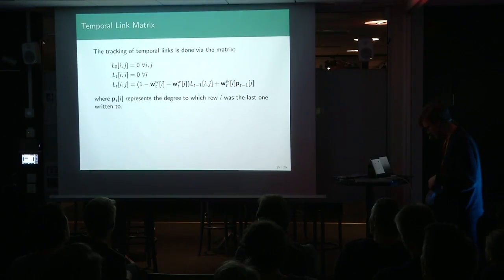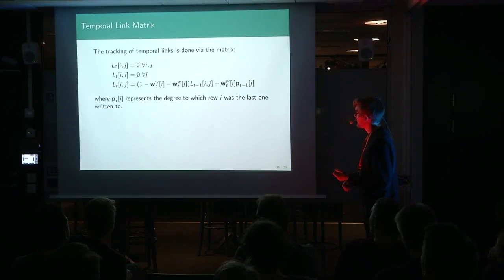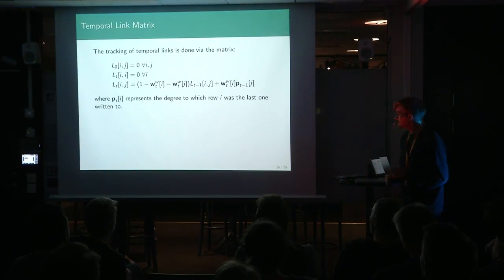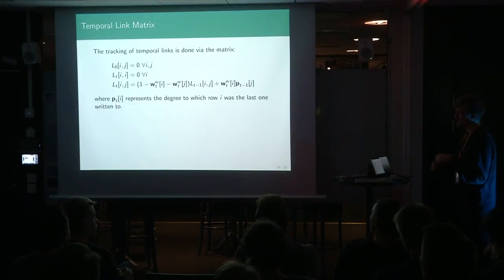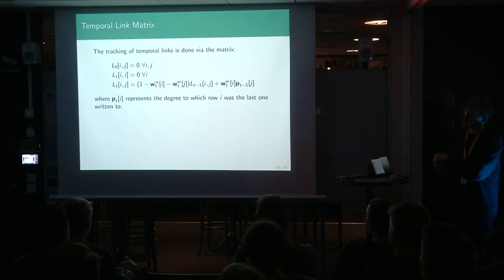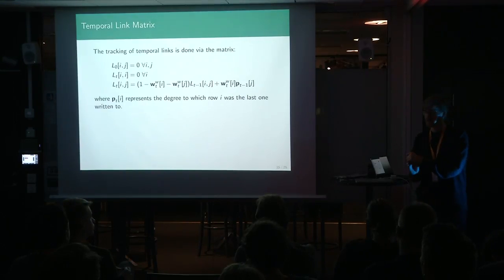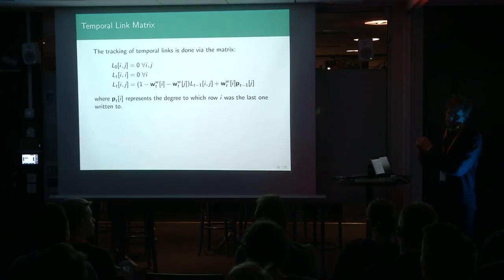So you keep track of temporal information with a linkage matrix, where the ij-th location gives you the probability of row i being written to after row j.